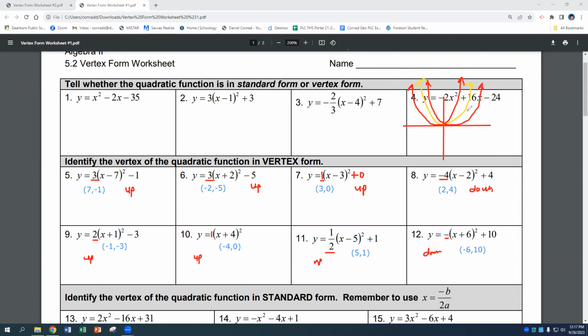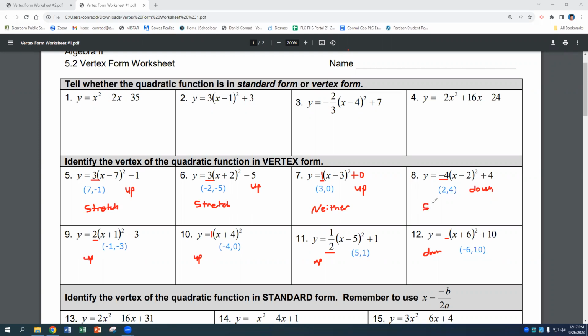Okay, so for each of these, if we look at them, A is greater than 1. This is a stretch. Greater than 1, stretch. It is 1, so it's going to be neither a stretch nor a shrink. It's just going to have the same shape as x squared. The absolute value of -4 is 4.